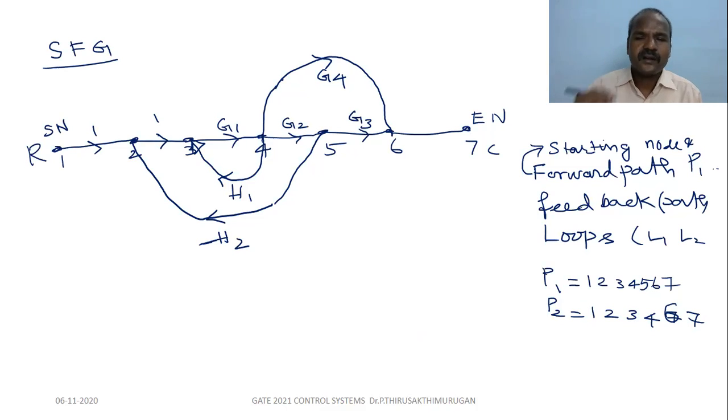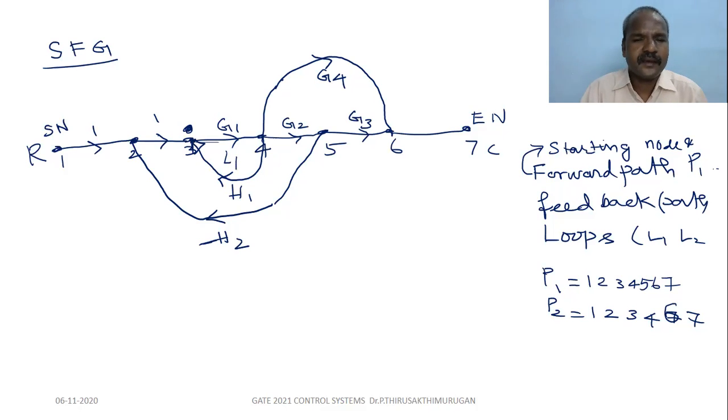What are loops? Loops are nothing but paths where the starting node and ending node are the same. Say for example, I am starting from 3 and moving to 4, and through H1 I can reach the same point again. So I consider this as L1.